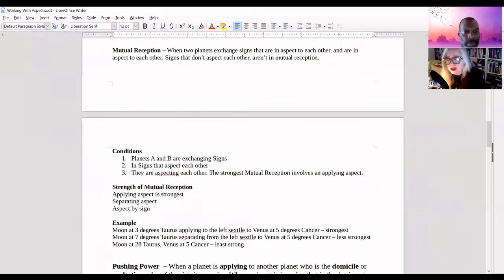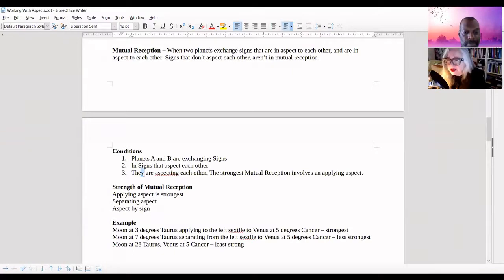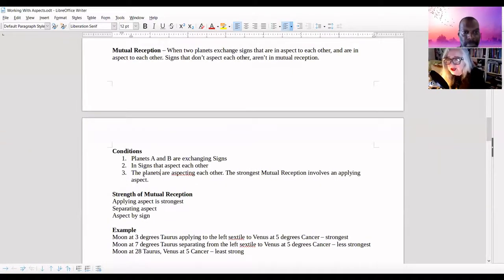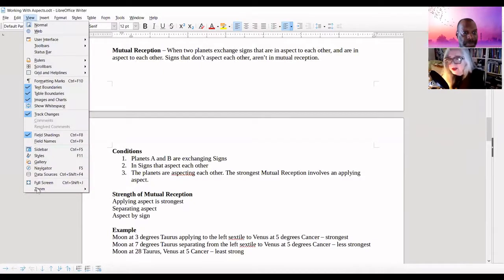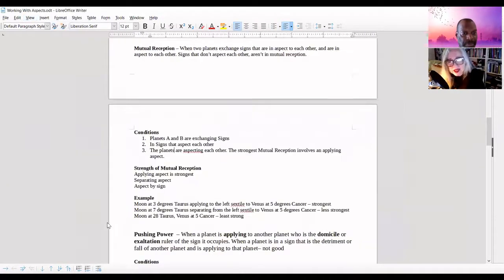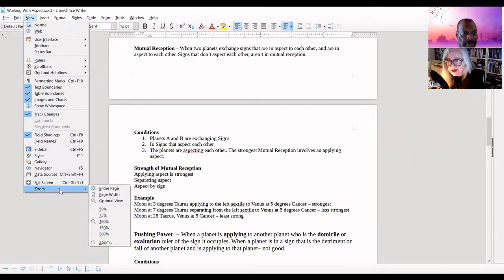That would be like a Moon in Taurus at 3 degrees with a Venus in Cancer at 5 degrees. That's exactly correct. Because they both apply, the faster is applying, and that's a sextile, and they are in each other's signs.